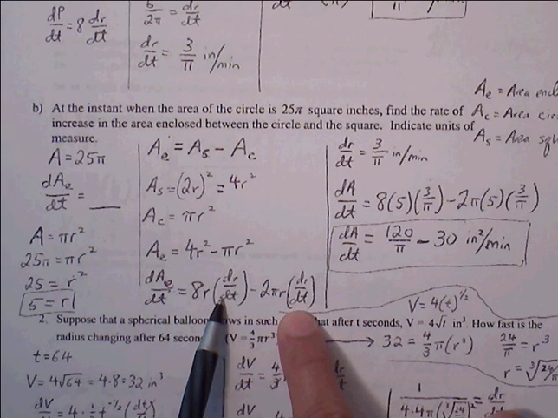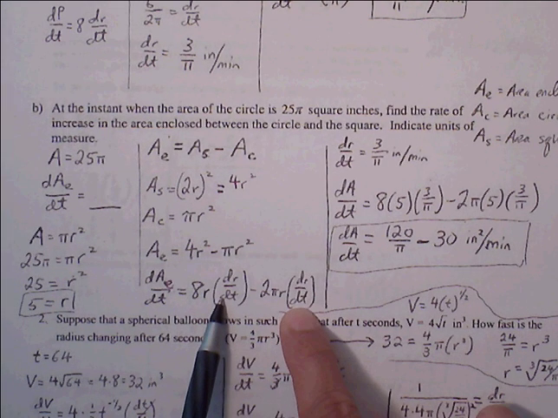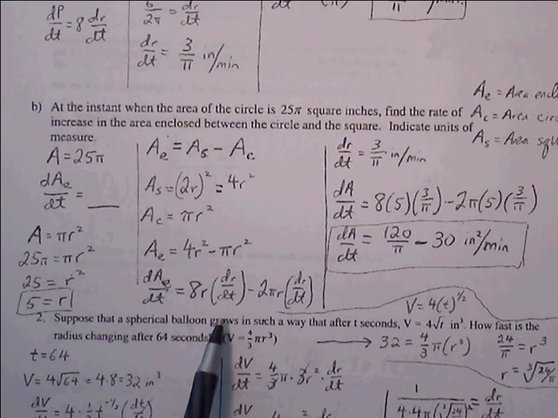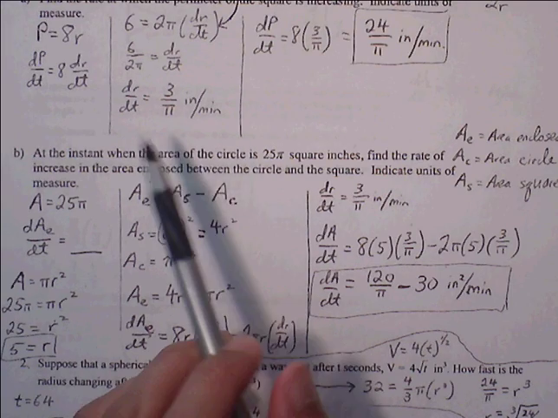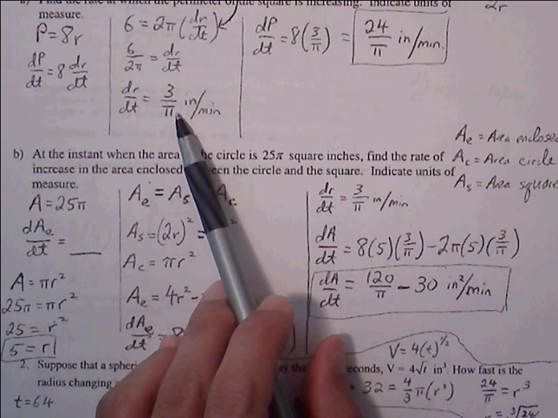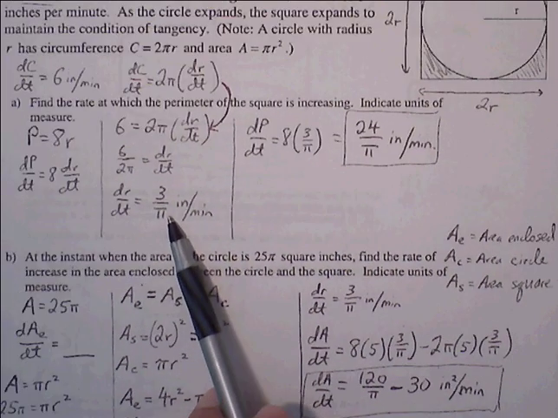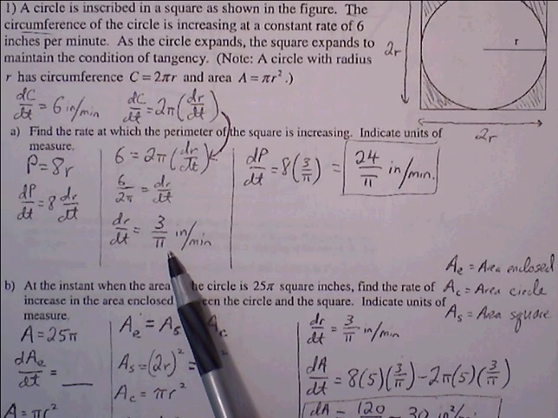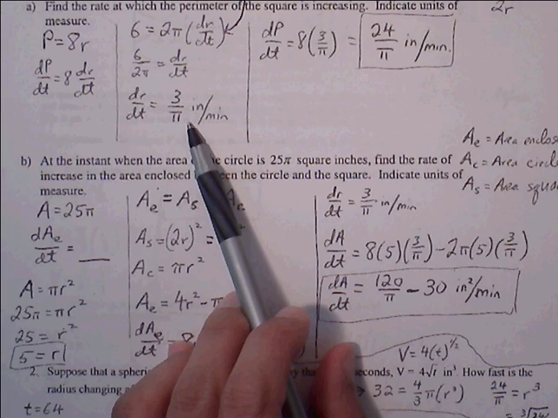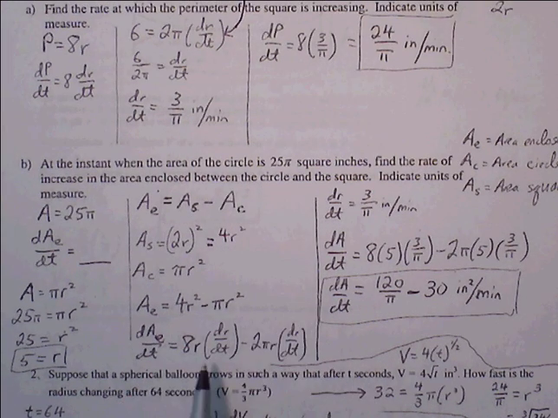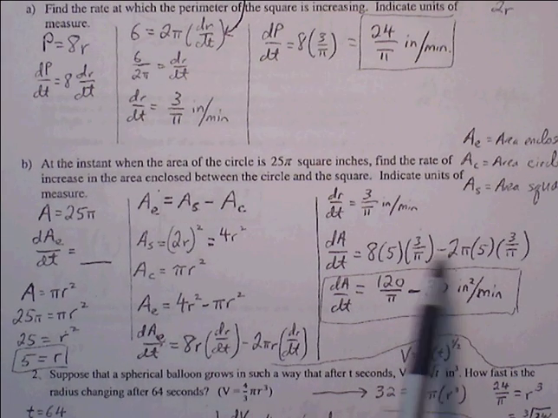So now the only missing information is finding dr dt. Okay, so to find dr dt, let's see, dr dt is going to be the same as from what we have given here, since we know dr dt is going to be increasing at a constant rate. So we have a value to plug in for dr dt. So dr dt gets replaced with 3 over pi.